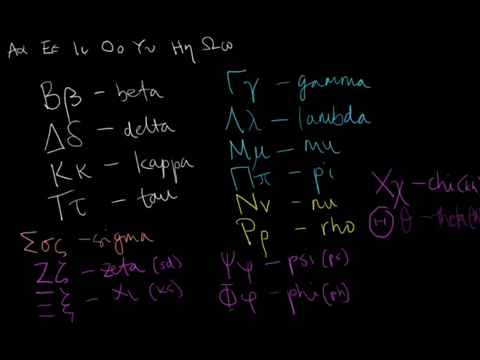And then we have our double consonants. We've got zeta, zd; xi, xa; psi, ps; phi, th; chi, k; theta, t, or th.